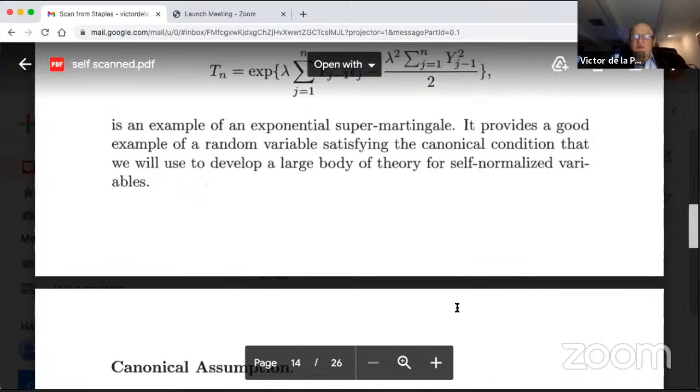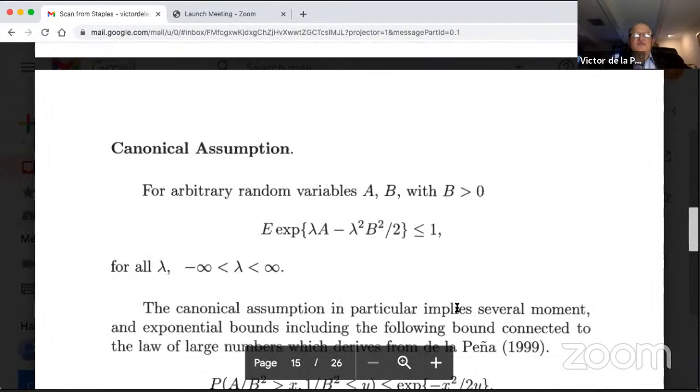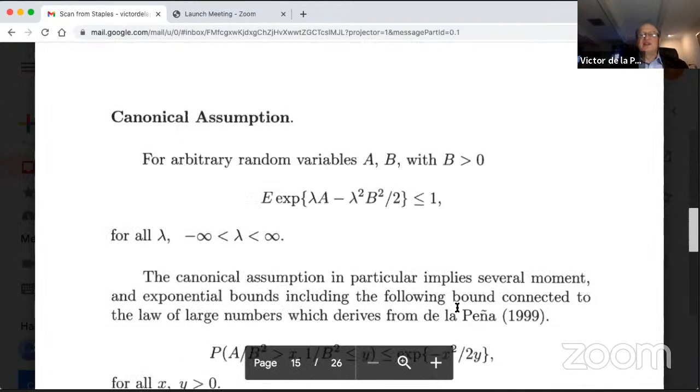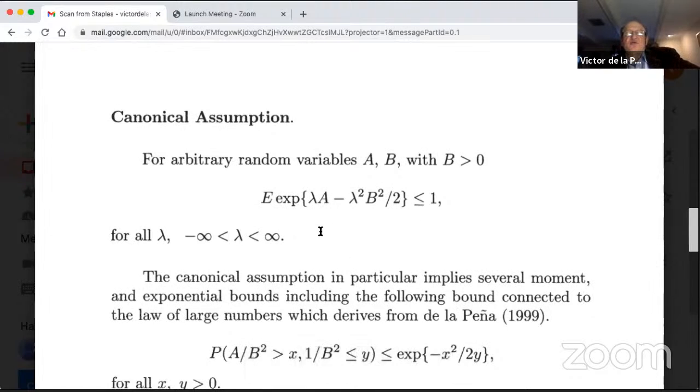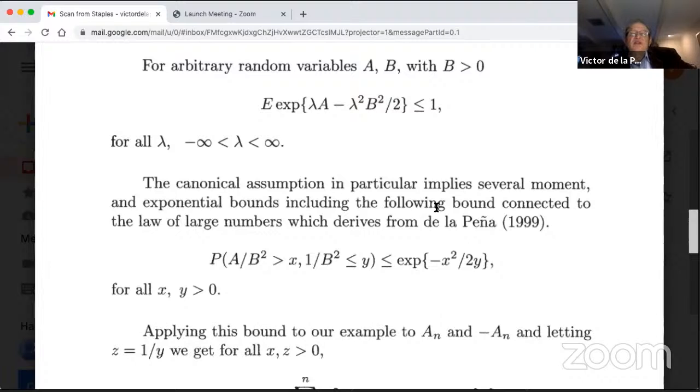And so for the canonical assumption, here we're going to play with A's and B's. We take arbitrarily dependent variables A and B, and we assume that this holds for all lambda between minus infinity and plus infinity, less than or equal to 1. This is the only assumption that we make.